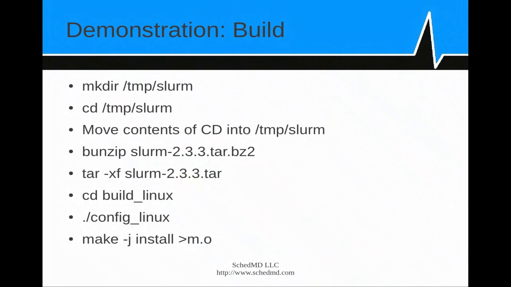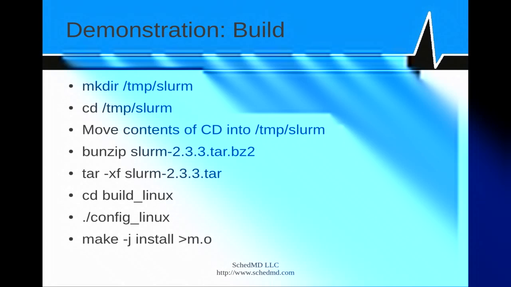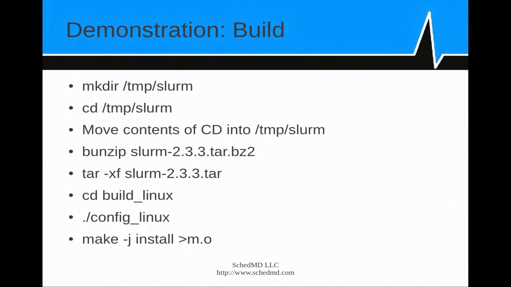Next, you want to change directory to that directory you created, move the contents of the CD into there, uncompress the tarball and then unpackage it. In this case, I'm going to suggest you change directory to build/linux, which would build for your laptop computer as a standalone machine to be managed by Slurm.